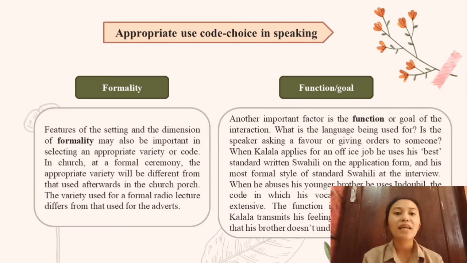When he abuses his younger brother, he uses the code in which his vocabulary of insult is most extensive. The function is exclusively effective, and Kalala transmits his feeling effectively.